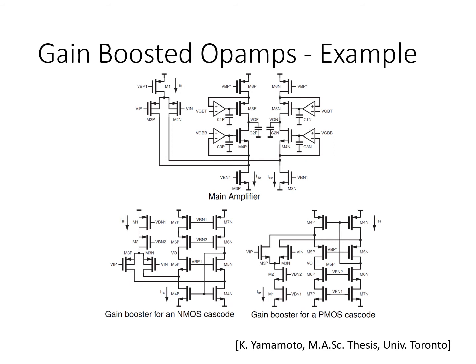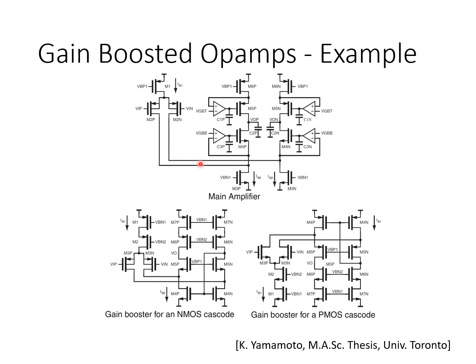So gain boosting can be used in a single stage amplifier to realize even higher gain than what's normally achievable from a single stage. So for example, here you've got a PMOS input folded Cascode amplifier where gain boosting is used extensively. First of all, for the current sources here in the output stage, their output impedance is enhanced by these two amplifiers.